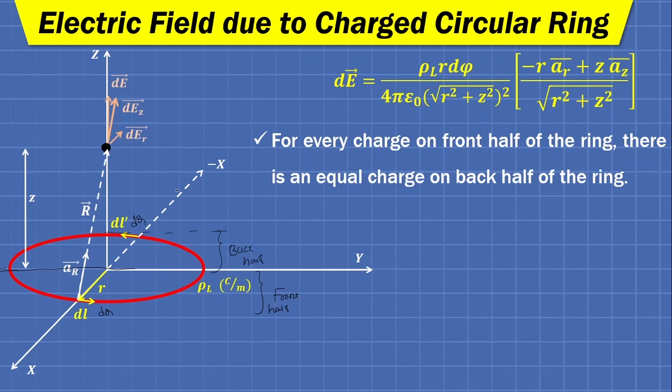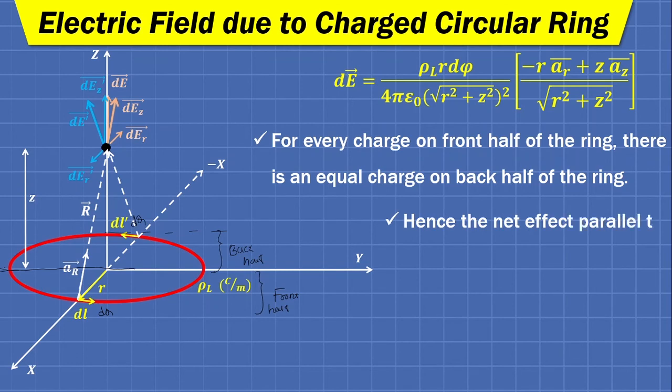Due to this part, that is dl prime, the intensity at point P can be denoted by dE prime. If we take two components of dE prime as we did in the case of dE, then we also have two components, one in the direction of Z and the second in the direction of R. As you can see, these two R components are equal in magnitude but opposite in direction, so they cancel out the effect of each other.